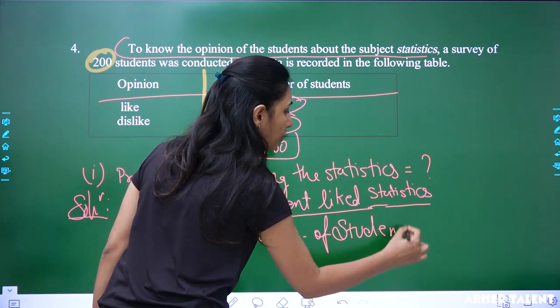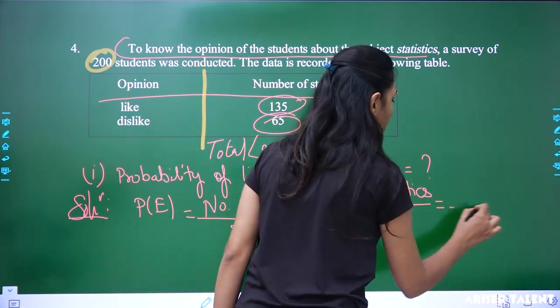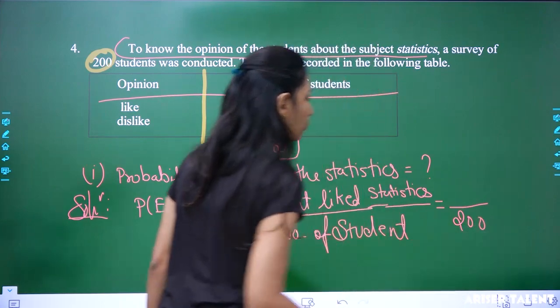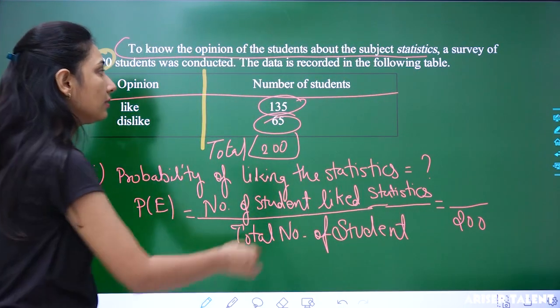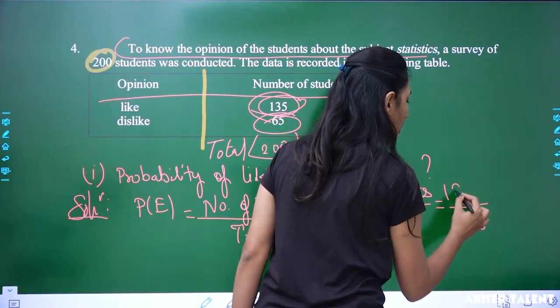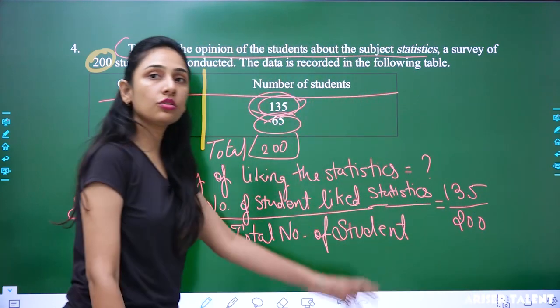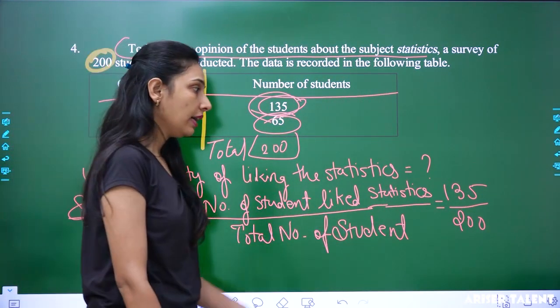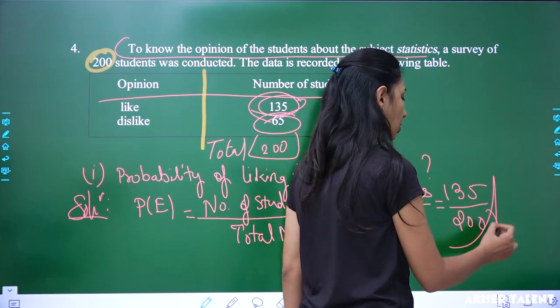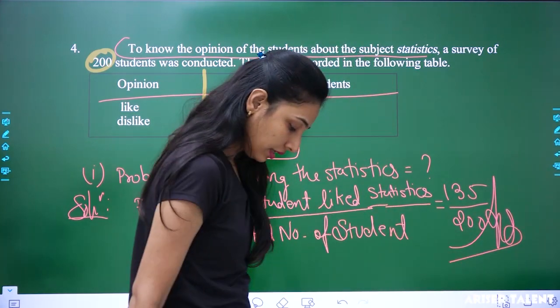Now, what is the total number of students? Surely 200, and the number of students who liked statistics is 135. So this is going to be your answer. Just solve it, and that is going to be your answer for the probability, right?